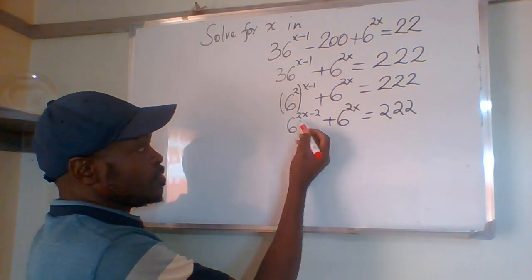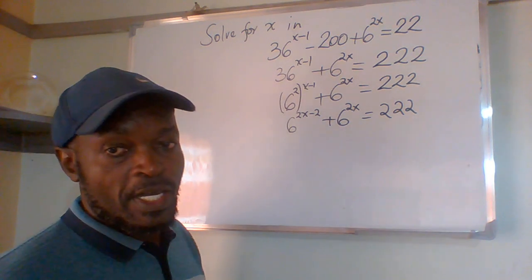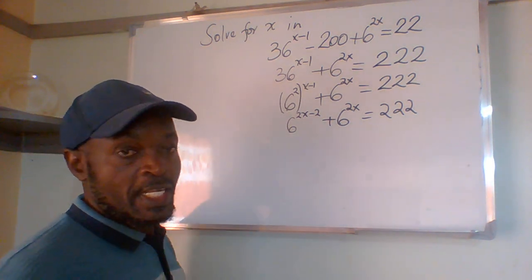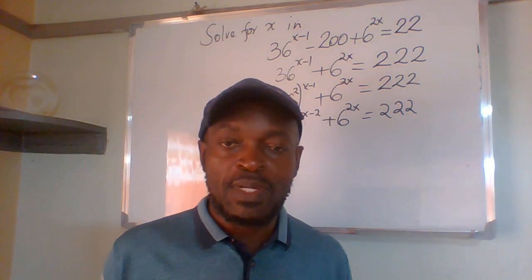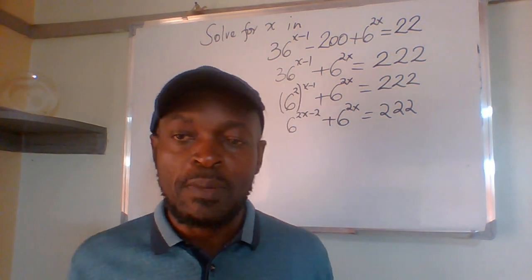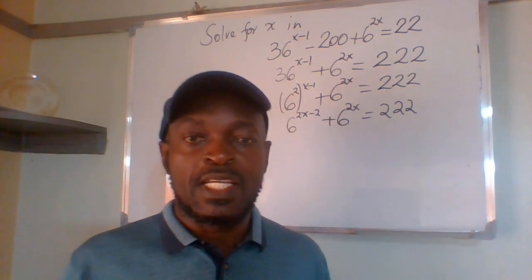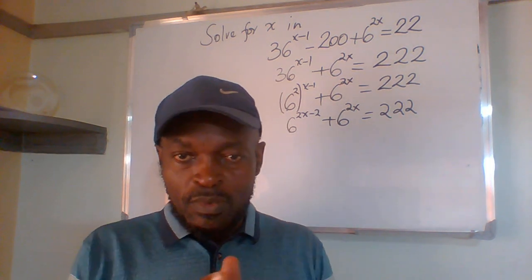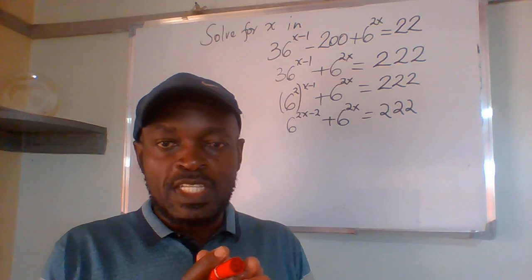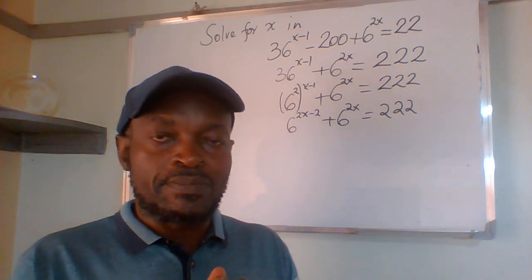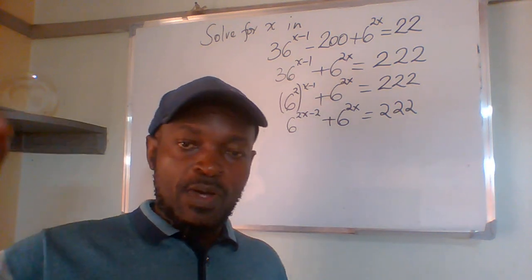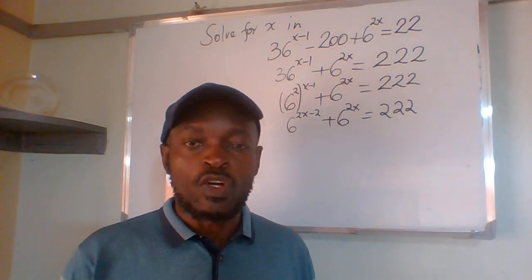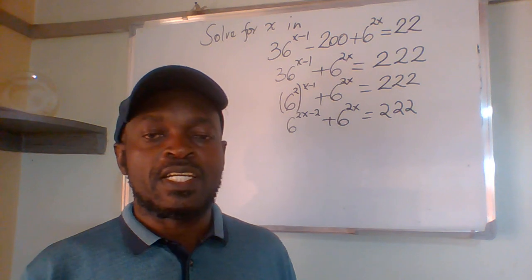Now, from again our laws of indices, if you have the same bases and you are multiplying two or more numbers, then we can collapse them into one by simply adding the powers if you are multiplying, or subtracting the powers if you are dividing.